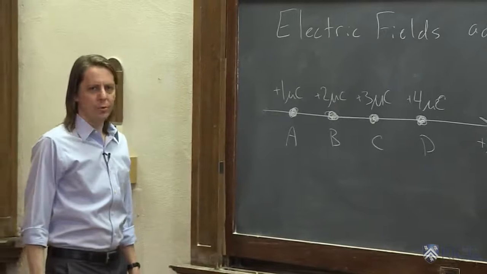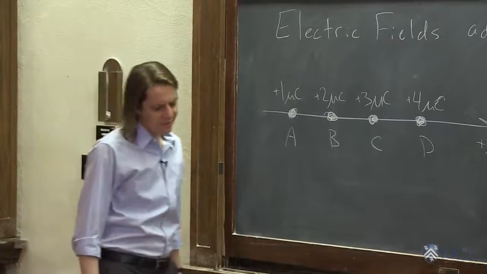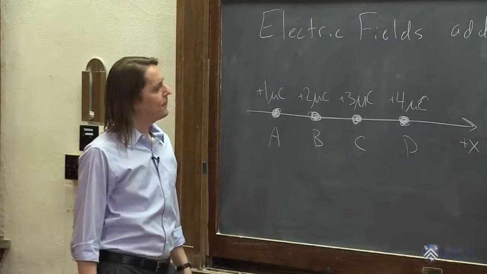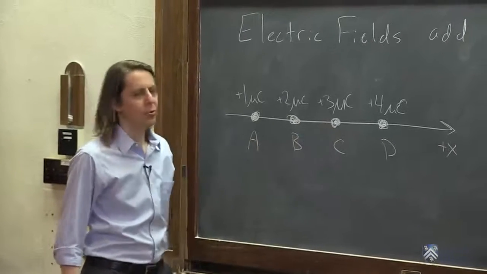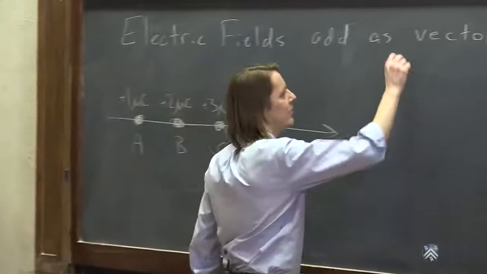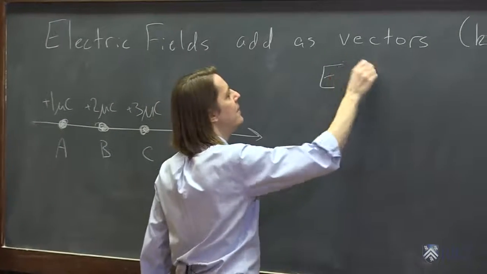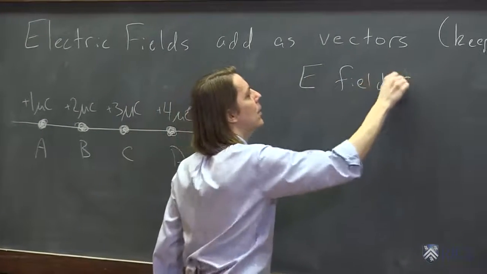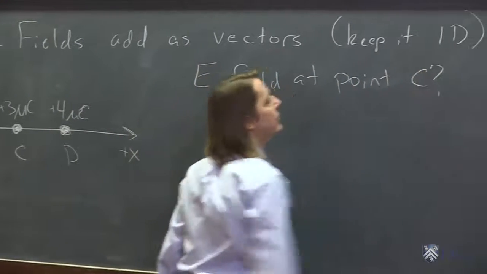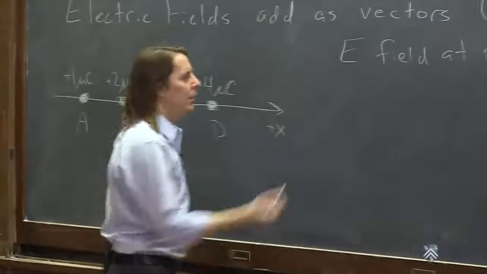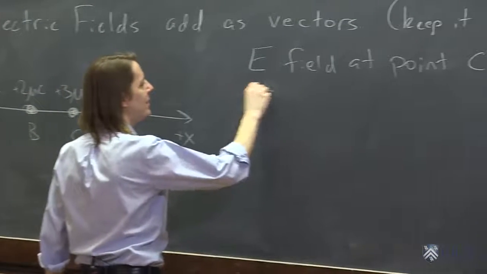What we want to do is figure out the field at point C. What field is the 3 microcoulomb charge experiencing? So what is the E field at point C? Well, I'd probably write it something like this.